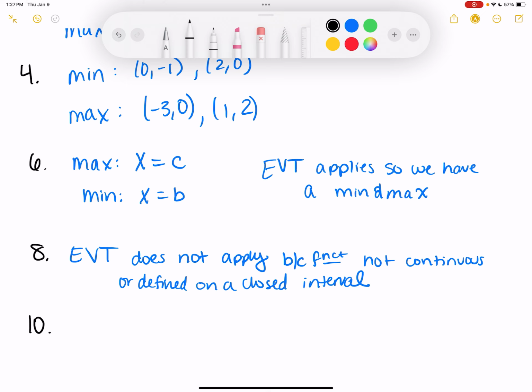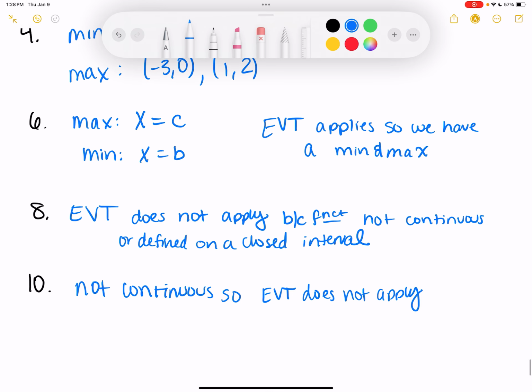No, there's a hole in it, so it is not continuous. So the extreme value theorem does not apply. However, this one, we will have a max and a min.